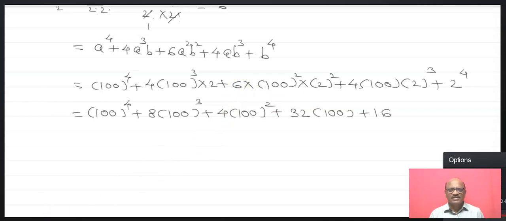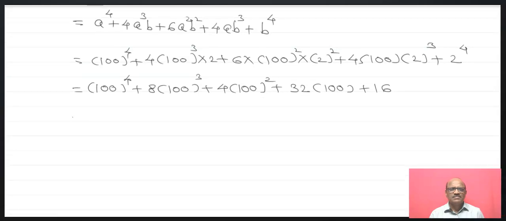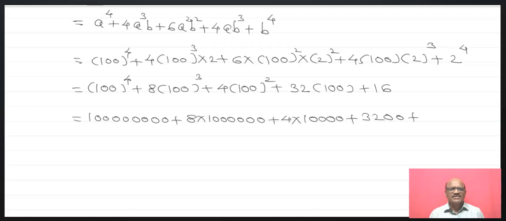I will change here. Now see this, that is 6, 2 raised to 2, that is 4, 4 into 6, that is 24, and I am correct now.